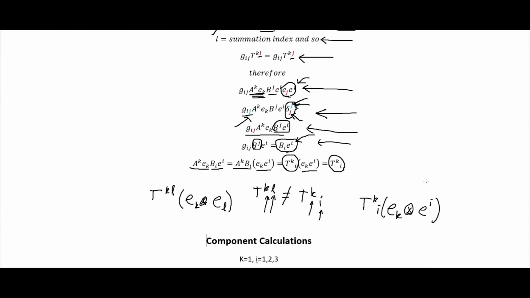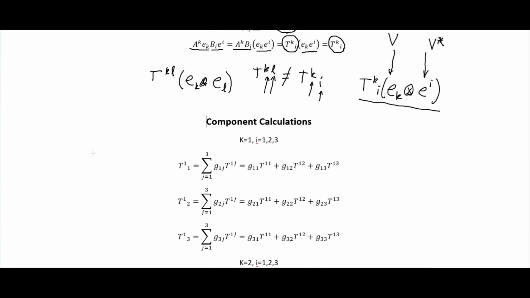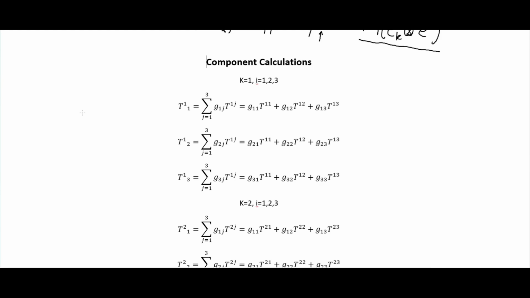And so this right here is looking for a covector. That's a vector that has downstairs indices, or sometimes you see it written like that. And this one is looking for a vector, if we are thinking about tensors as bilinear mappings. And here I just once again put all of the component calculations.